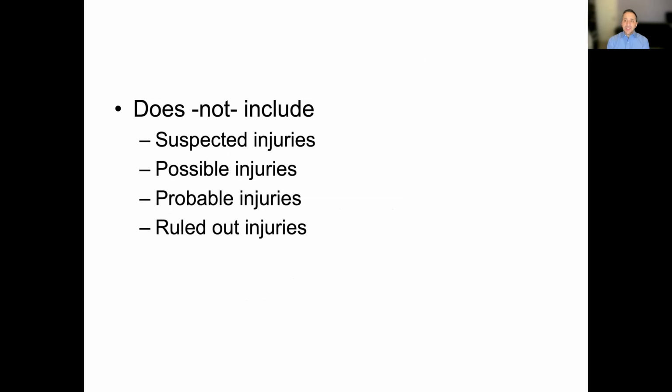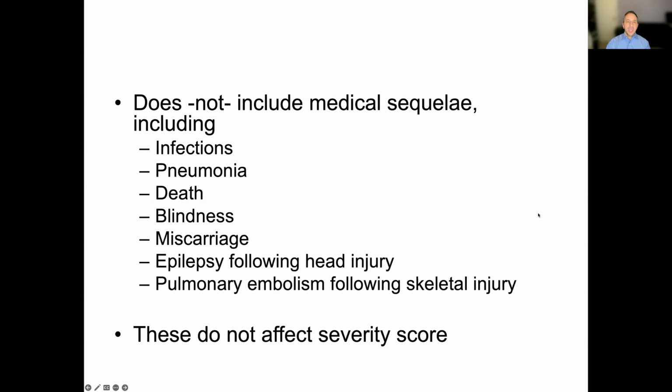What the AIS does not include is suspected injuries, possible injuries, probable injuries, or ruled out injuries. So you have to be very confident and definitive that you have confirmed injuries. It also doesn't include medical sequelae.